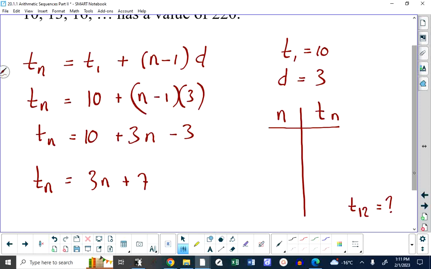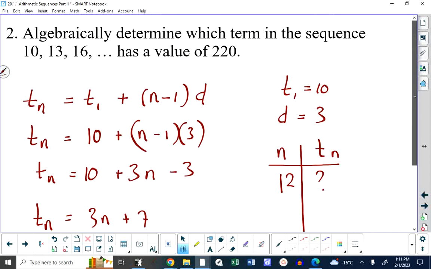Well, that means you're going to put 12 here and you're going to find Tn, right? So what comes out of this is the term value. What this question is asking, though, is what number n would you have to use to get 220? Because 220 is the term that we're trying to find out the placement of.